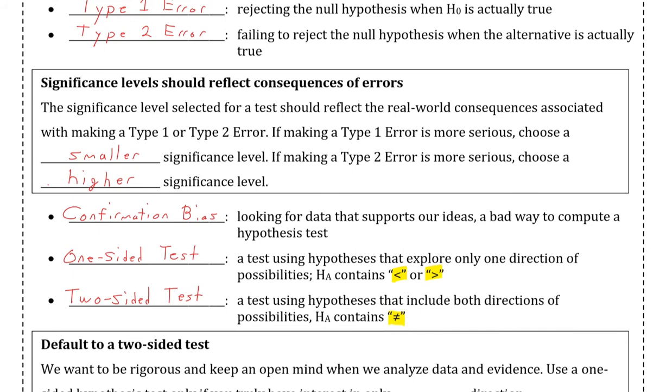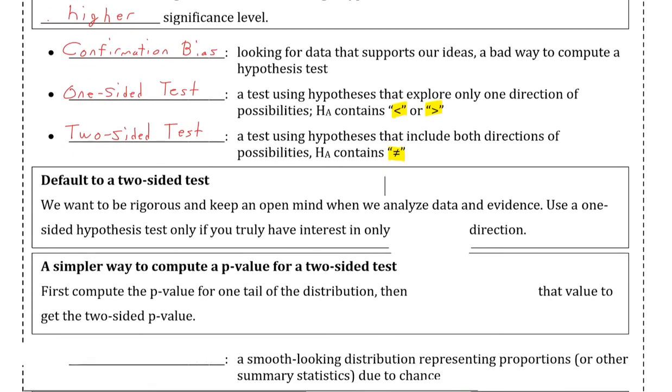We say that this tests both sides because we are then determining if we believe the true parameter is simply different, either higher than the assumed value or lower than it. It tends to be a good idea to keep an open mind when we analyze data and evidence. So we tend to say that we use a one-sided hypothesis test only if you truly have interest in only one direction.